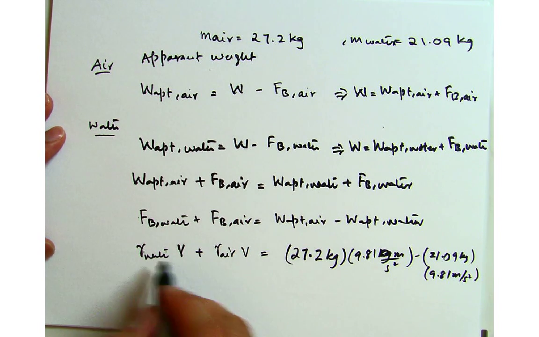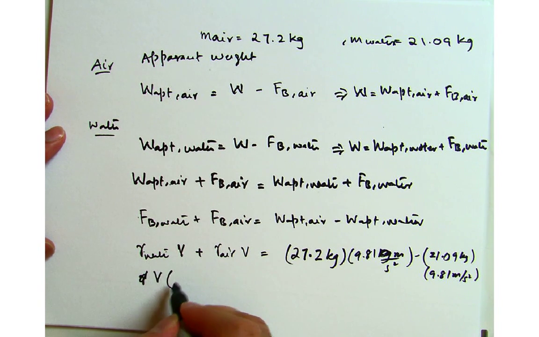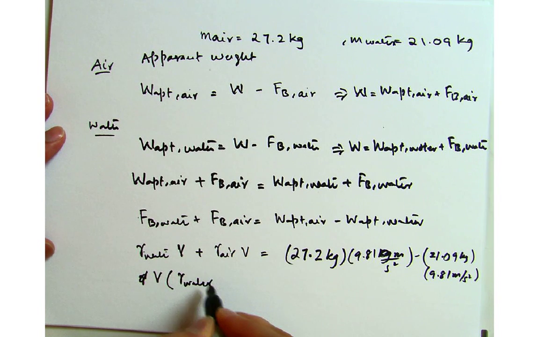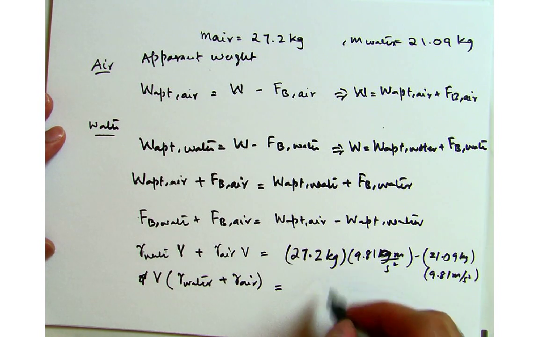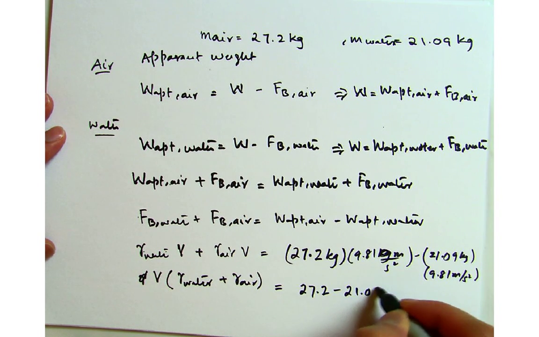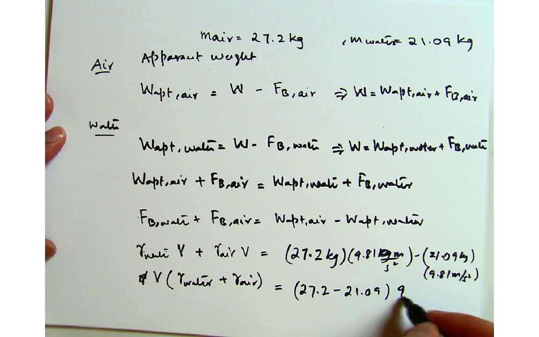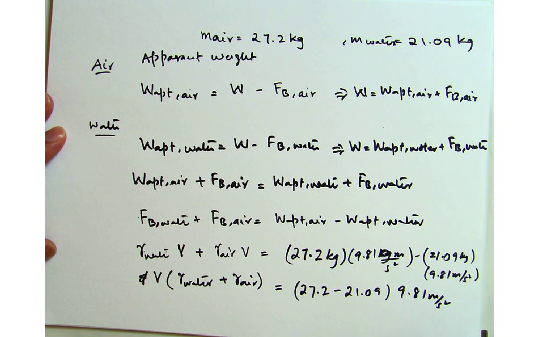If you notice, I can take V out in this equation, so it's just V times (gamma of water plus gamma of air) is equal to (27.2 minus 21.09) times 9.81 meters per second square.